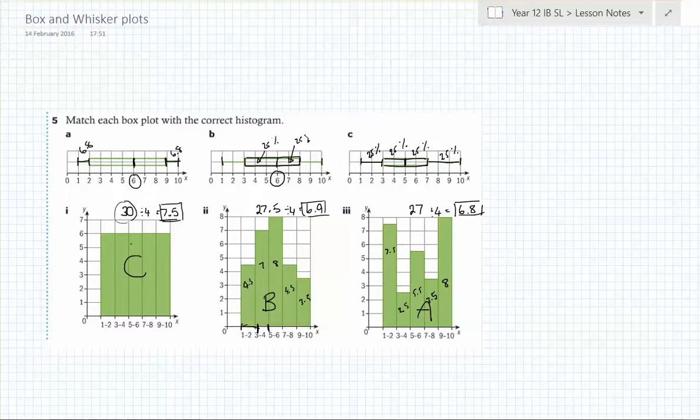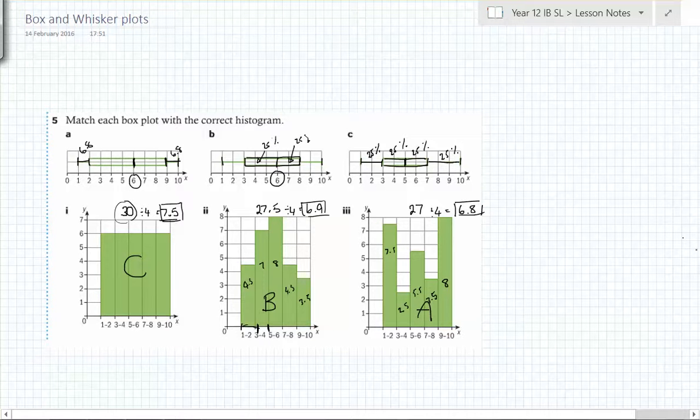You're still happy? Okay. So we really have to think more about the distribution of the data. Is that what the answers in the back said? Are we right, C, B and A? Like that? Okay. Well, I hope you did sit and think it through.